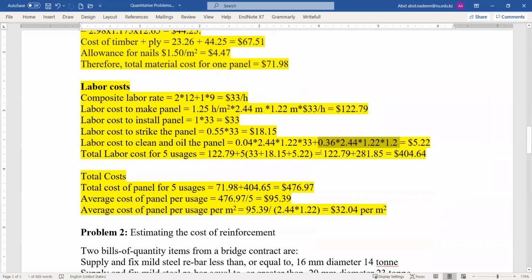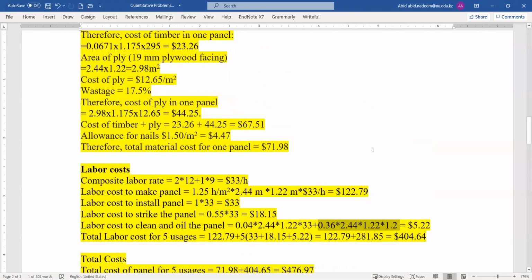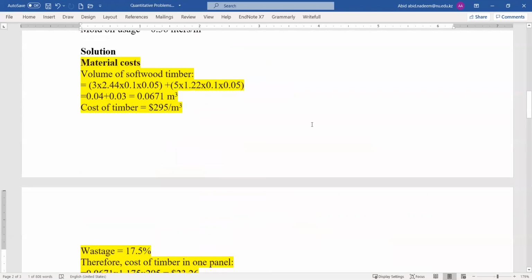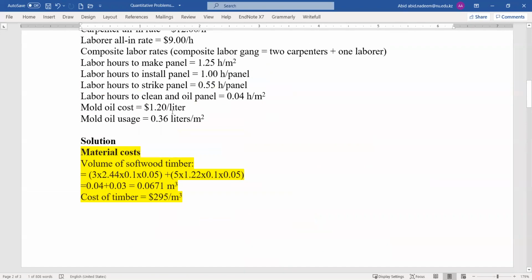That means the cost of oiling is not included in the material cost of the panel, because that is the cost of material which is being consumed for the operation of the formwork. So we have included it in the labor cost over here, although it is essentially the cost of material. And this cost of material is calculated like this.